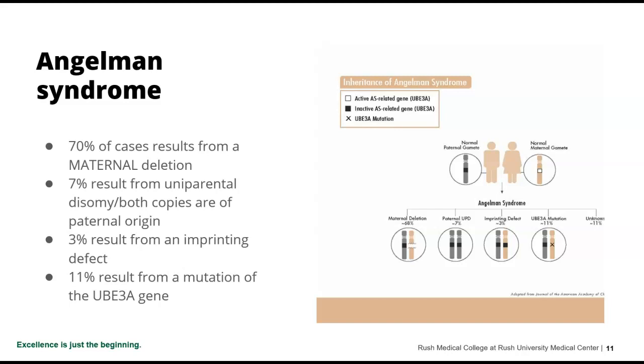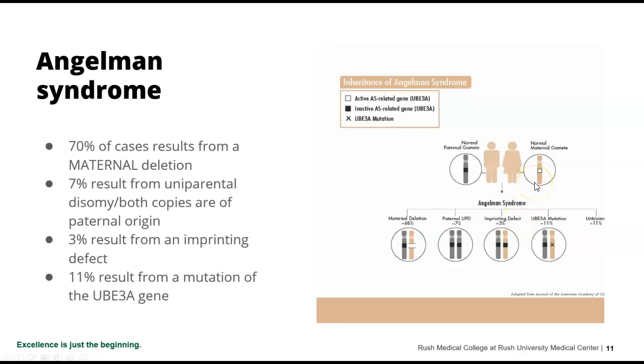Let's look at Angelman syndrome. 70% result from a maternal deletion of the UBE3A gene. Okay? About 68 to 70%. About 7% result in isodisomy, both copies coming from dad. About 3% are an imprinting defect.